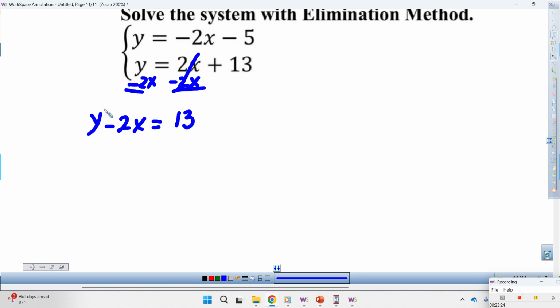So one of them is done. How about this one? Is this one already in standard form? No. What do we do to send the x to the other side? Add 2x, add 2x. So my new equation is y plus 2x equals, what stays on the other side? Negative 5.